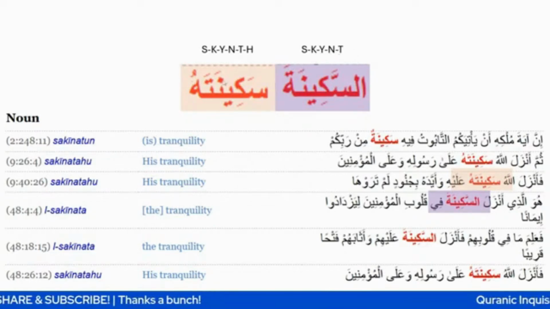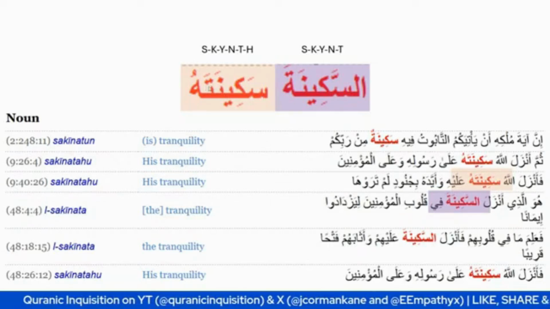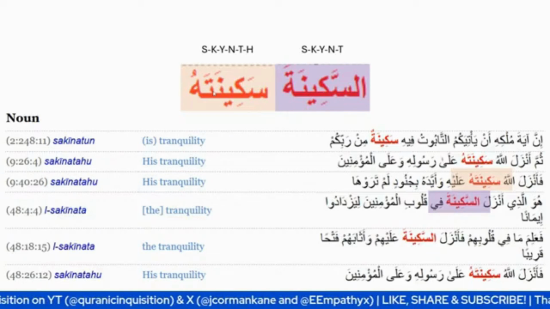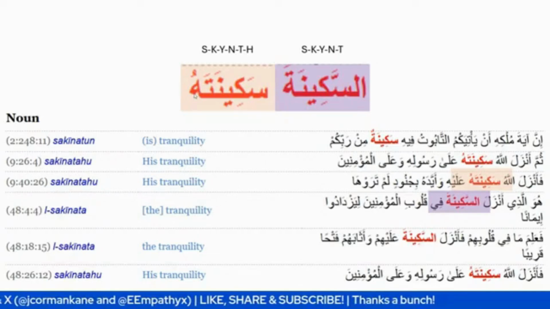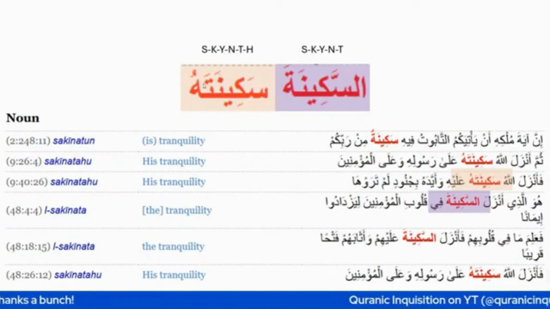But when we find this form, seen here in this case without the definite article, what you can see is that you have Sakina, and then you have the T as a peak, and additionally you have the marbuta. So the marbuta in this instance is acting as the H suffix, and in the other instance it's acting as the T. The role of the peak of this T here is equivalent to the role of this here.